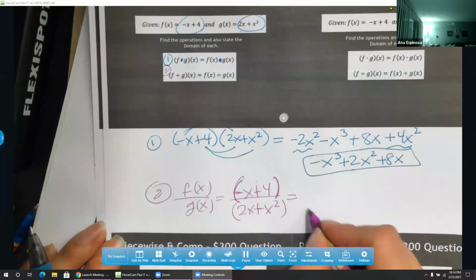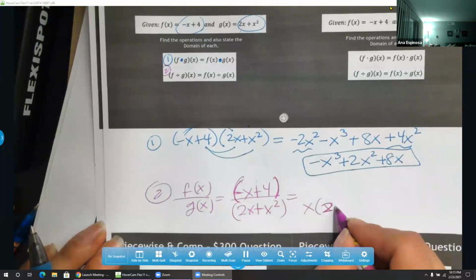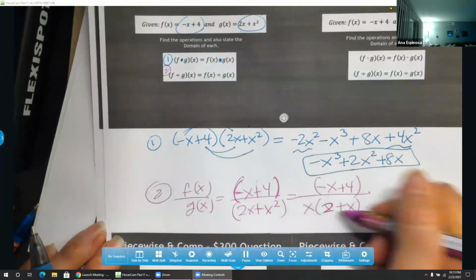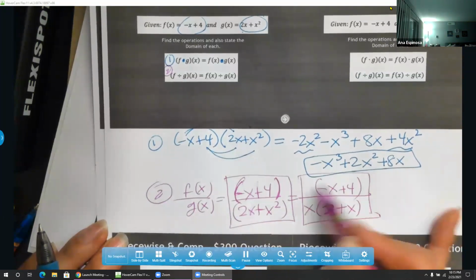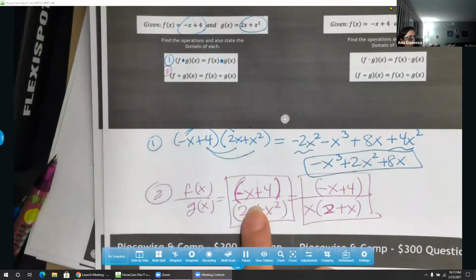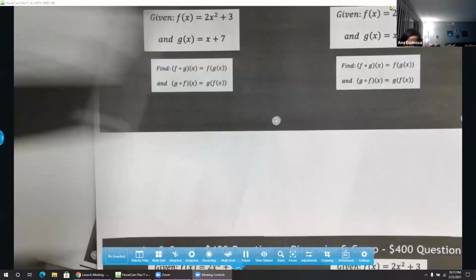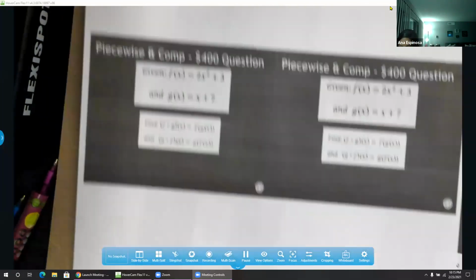The only thing you can do here at the bottom is factor an x, because that's what they both have in common. And you still notice that you still can't cancel these groups because they're not exactly the same. So it doesn't matter what answer you give, you'll get full credit. Just do not cancel anything that you are not even sure of. Okay, I'd rather you leave it like that and get full points rather than you try to cancel and then get points taken off. All right, and that's again right here. And then I just gave the domain and range of what things are allowed and what things are not allowed. Go through that over the Pearson.